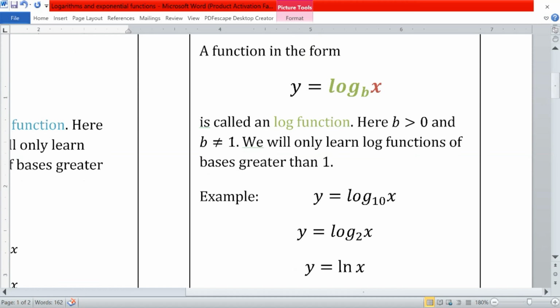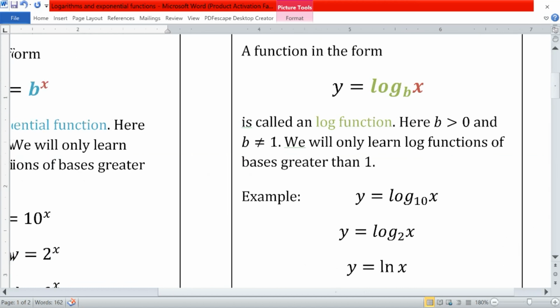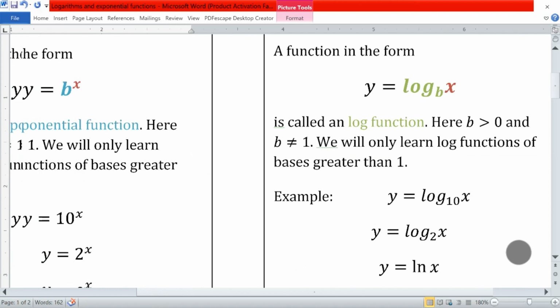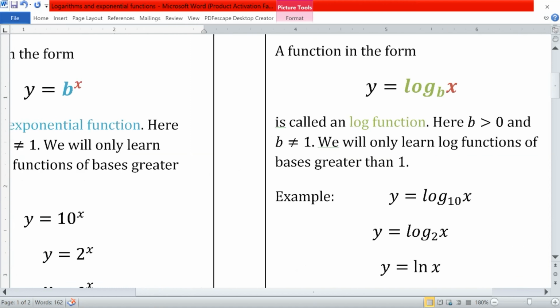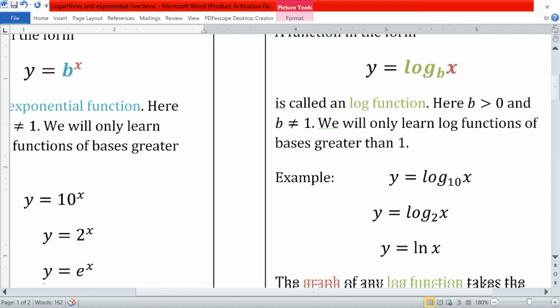If you compare with the examples that I have given you for the exponential functions, do you see, for the exponential function example here, 10 to the power of x, I have log base 10 of x. For the exponential function 2 to the power of x, with the base 2, I have log base 2 of x.